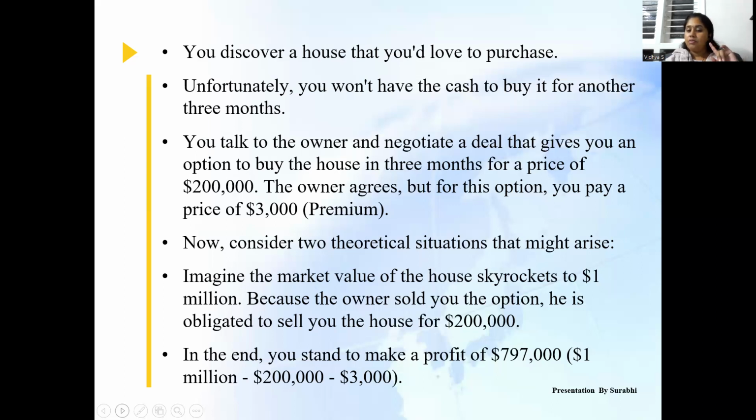In the end, you make a profit of 7,97,000, because the price was only 2 lakh, but it came up to 1 crore.